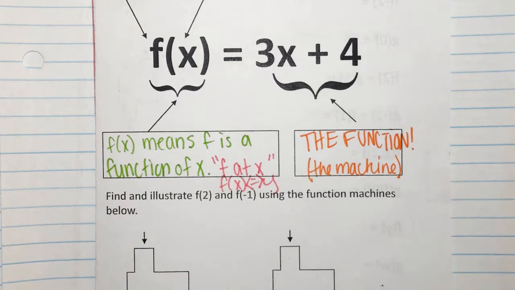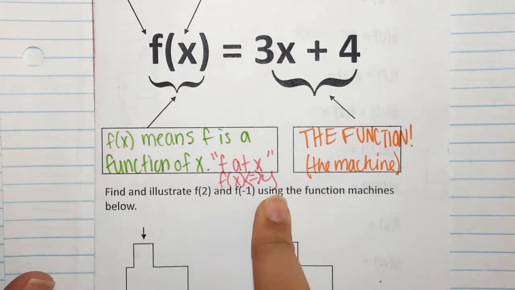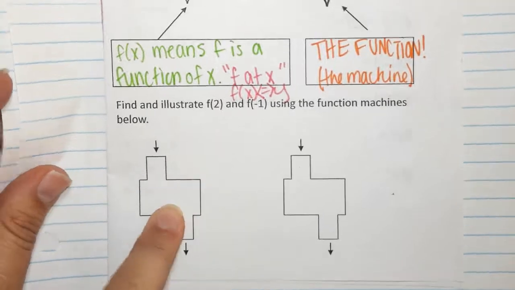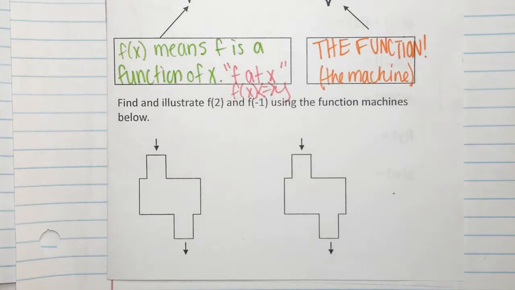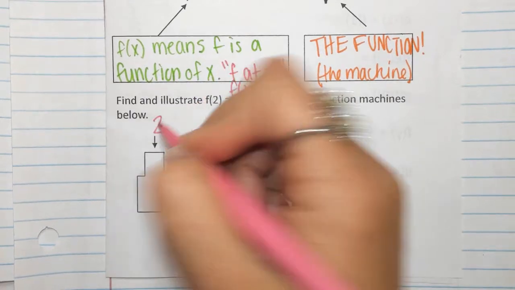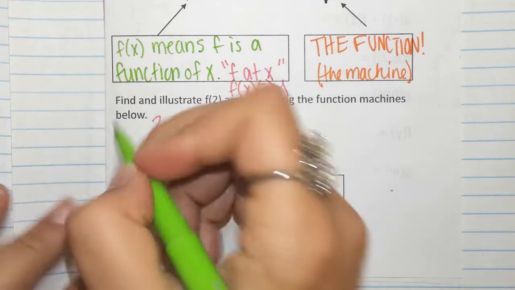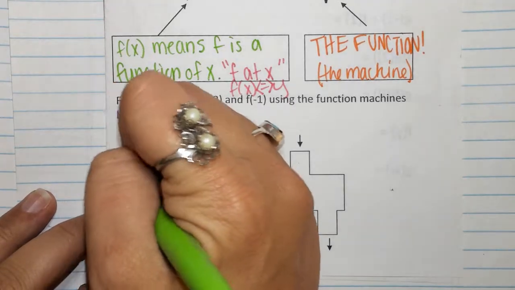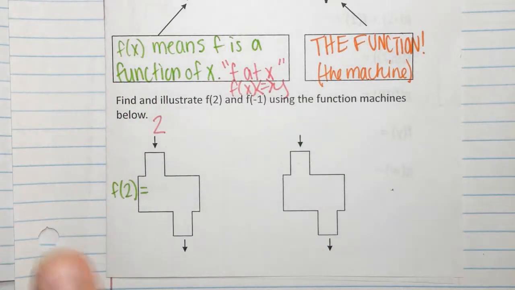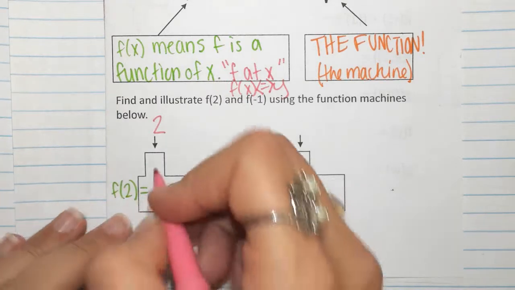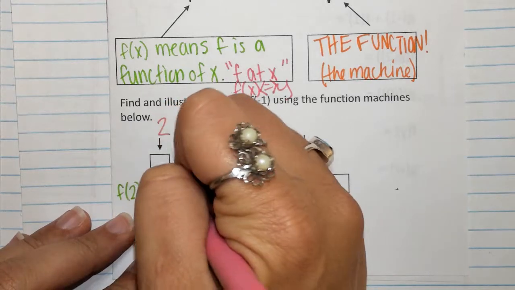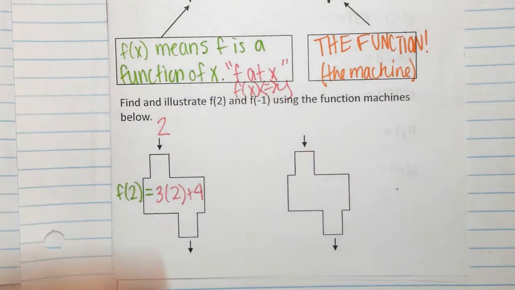Alright, so now what we're going to do is plug in f at 2 and f at negative 1. We're going to use our little function machine right here, and we're going to see what happens. Are you guys ready? So, we're plugging in 2 into the function, which means that we would write f at 2 equals 3 times 2 plus 4.